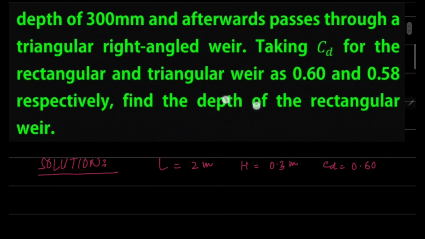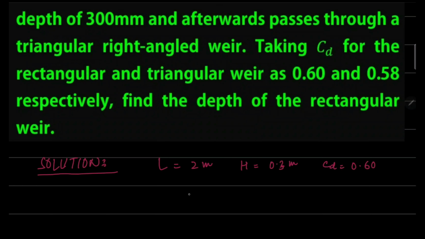We are using a triangular right angle weir, so theta is equal to 90 degree, and for this triangular weir the CD value is 0.58. So these are the values for the rectangular one and this is for the triangular one.